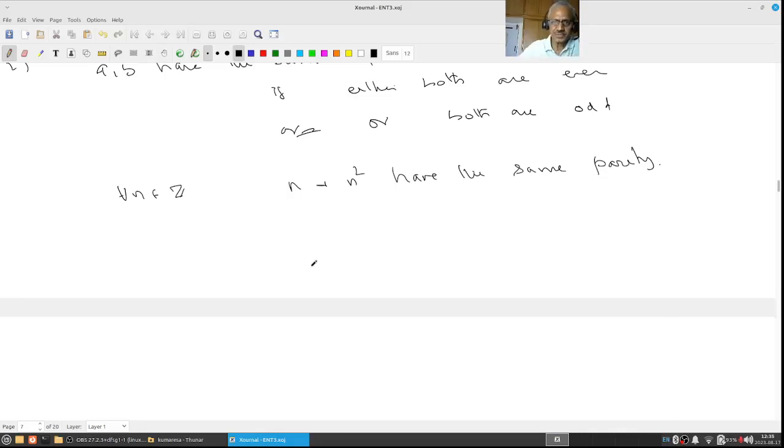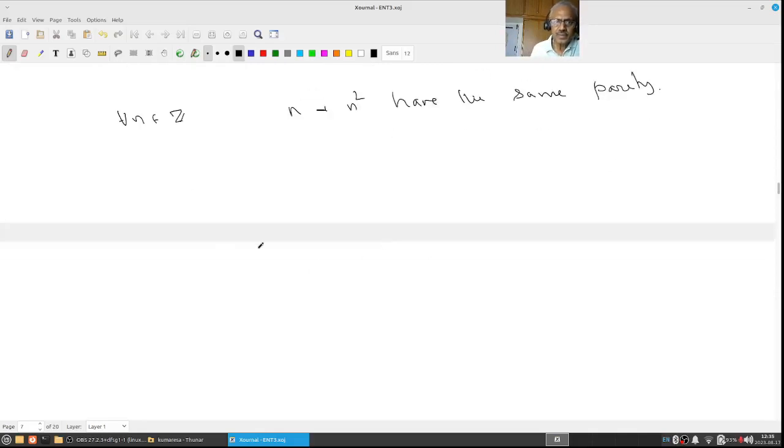And conversely, let us do that. Since n is an integer, I know either n is of the form 2k or n is of the form 2k plus 1. Now let us look at what n squared is. If n is 2k, n squared is 4k squared, which is 2 times 2k squared. Therefore this is even.